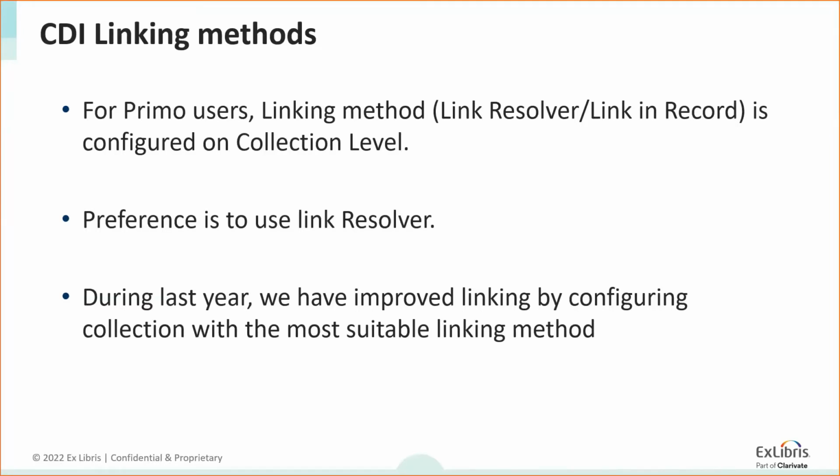We have really good content products with mixed content, with things that are really unique, and not only a journal article. Of course, we load and ingest them into CDI for you, and we need to support the linking for them. When it comes to this kind of content, many times we need to choose the linking record to make sure that we have a really good and accurate link from the record to the provider platform.